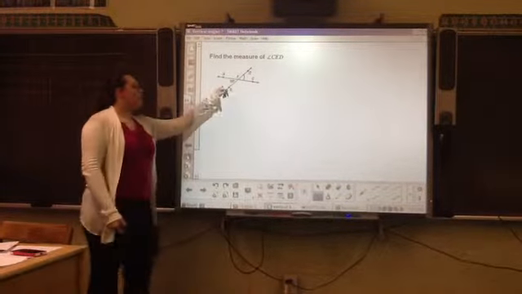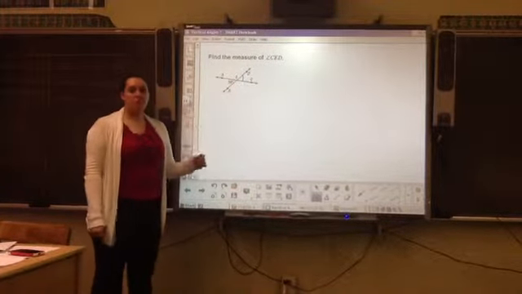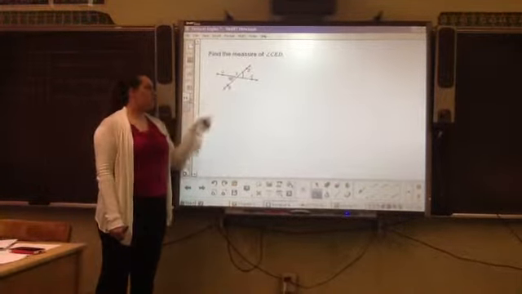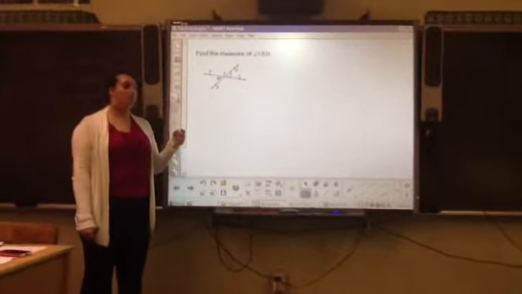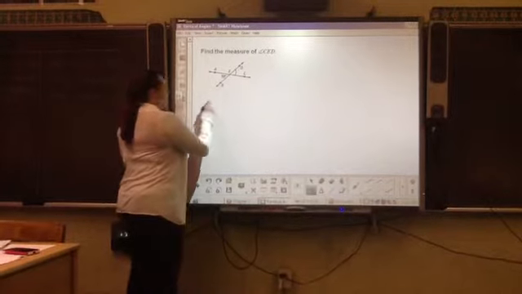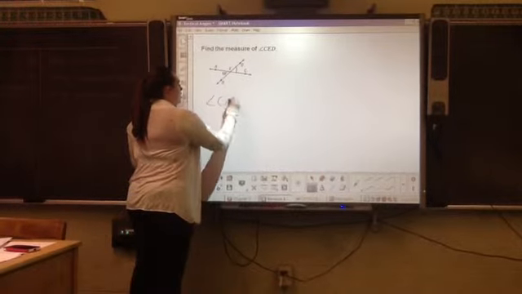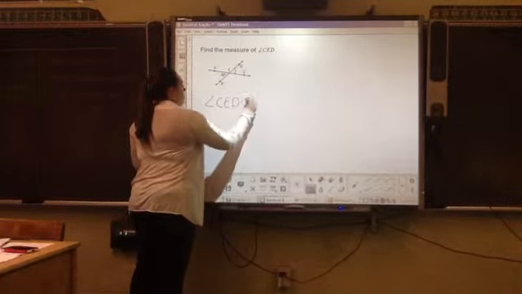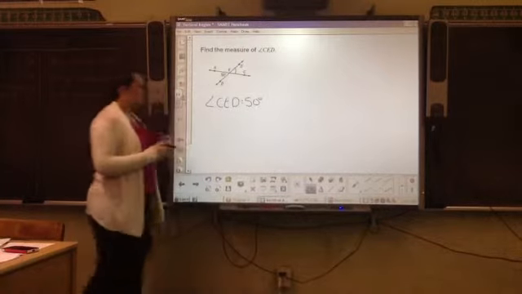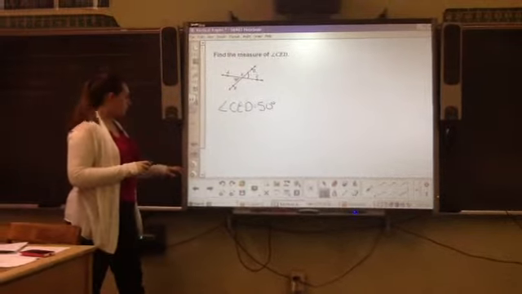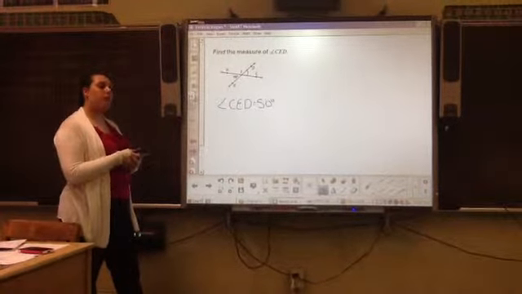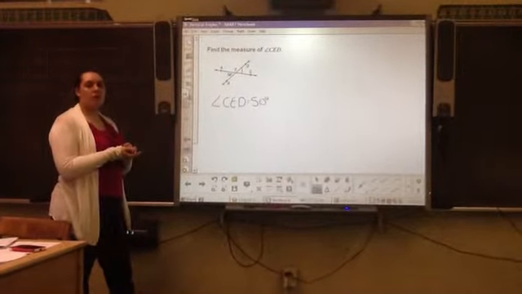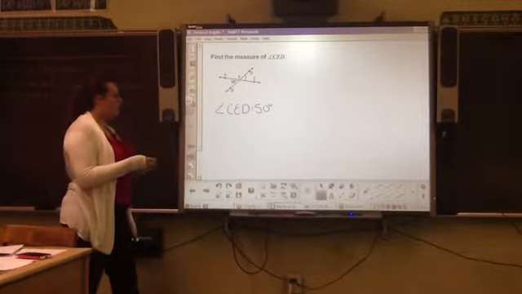Because they're angles that are opposite each other. You have two lines that are crossing. So therefore, the angle measures are going to be the same. So we can just say CED is equal to 50 degrees. And here we actually use the definition of vertical angles to solve for a missing angle measure.